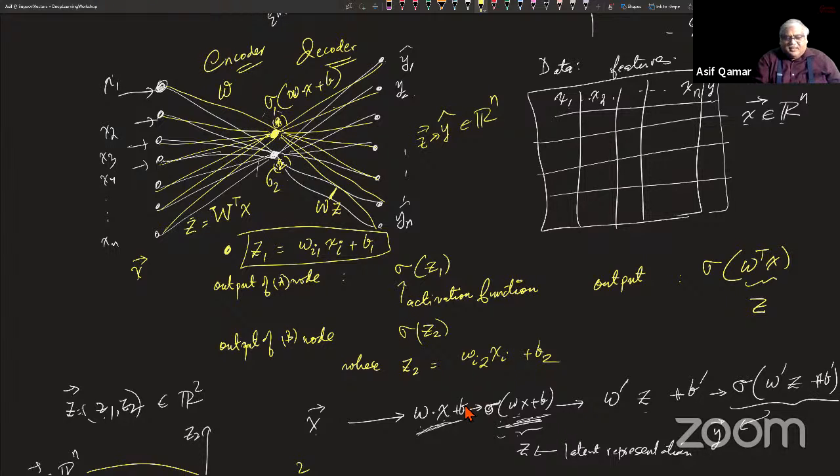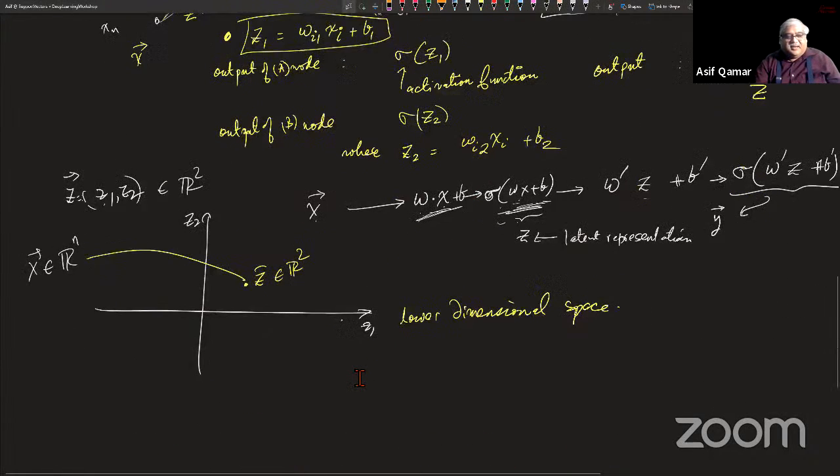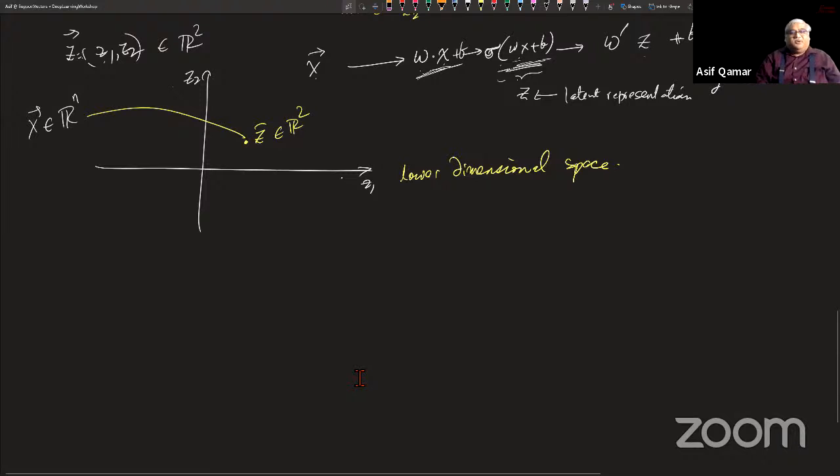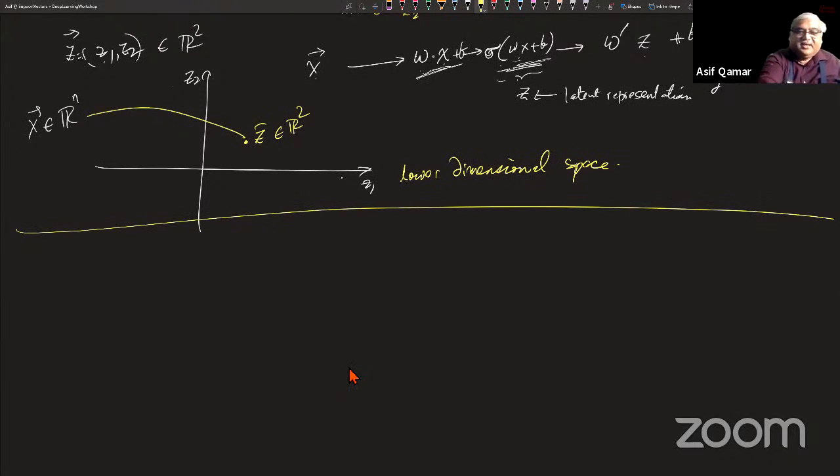Now you can say, what use is it? How can this be useful to us? So let's see, how can it be useful to us? Suppose, let's look at this situation in which we say that the activation function. So, one of the things is we are using activation function on W transpose X plus B. You realize that, right? The Z, the internal representation, is the activation of this. What happens if we set the activation to be 1?